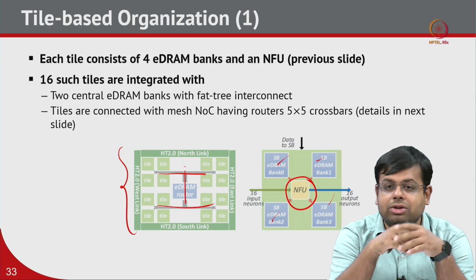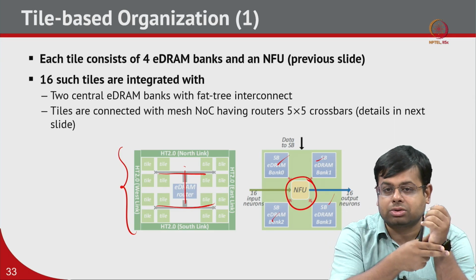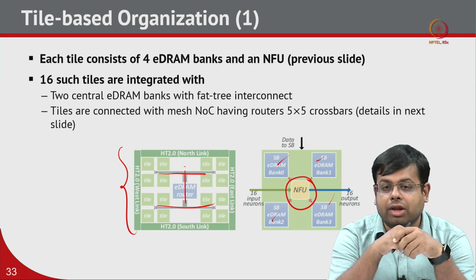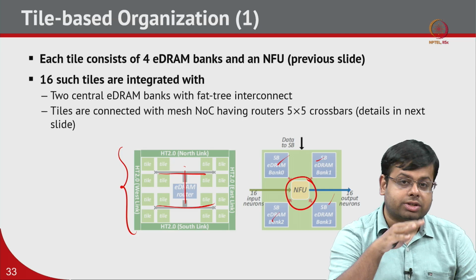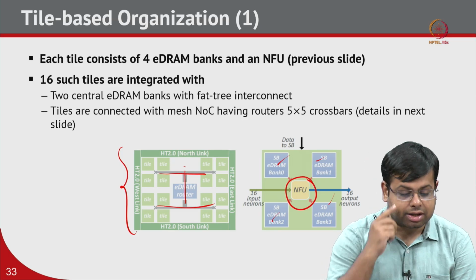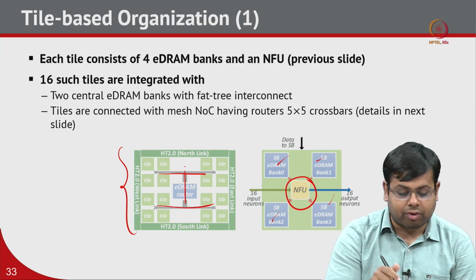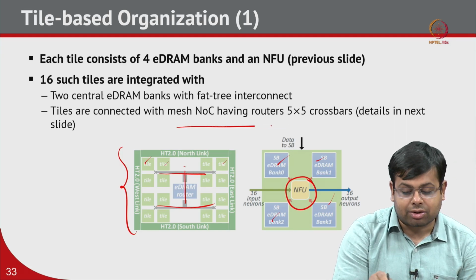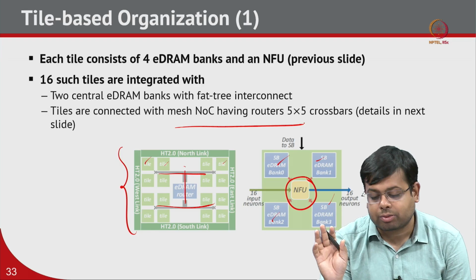If we do not connect the cores, then the cores won't talk, so we cannot have coordinated computations with all the cores. Similarly, in the DaDianNao architecture, they have interconnect for all the tiles, and that is a mesh NoC having routers with 5 by 5 crossbars.